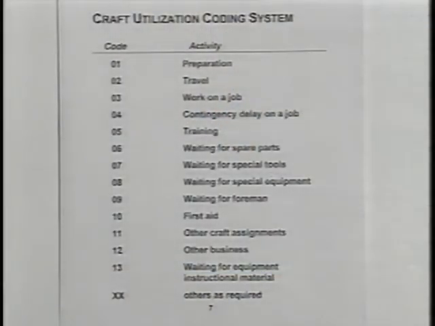Now, on page number 7 is the craft utilization coding system that I alluded to a moment ago. The code numbers are on the left-hand column, and the activity represented by those code numbers are defined by the right-hand column.